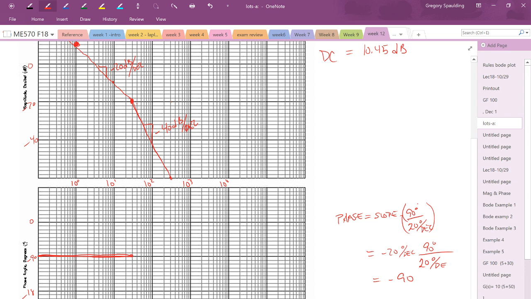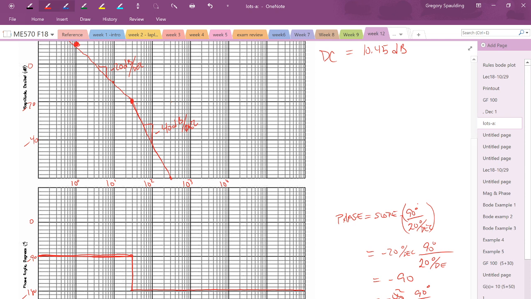Okay. Now, at this point, we recalculate, and now in this case it's minus 40 times 90 degrees divided by 20, so minus 180 is our next. And so here at 30 we're going to shift to minus 180, and that's going to run out here like this. So our asymptotic phase plot would look like this.